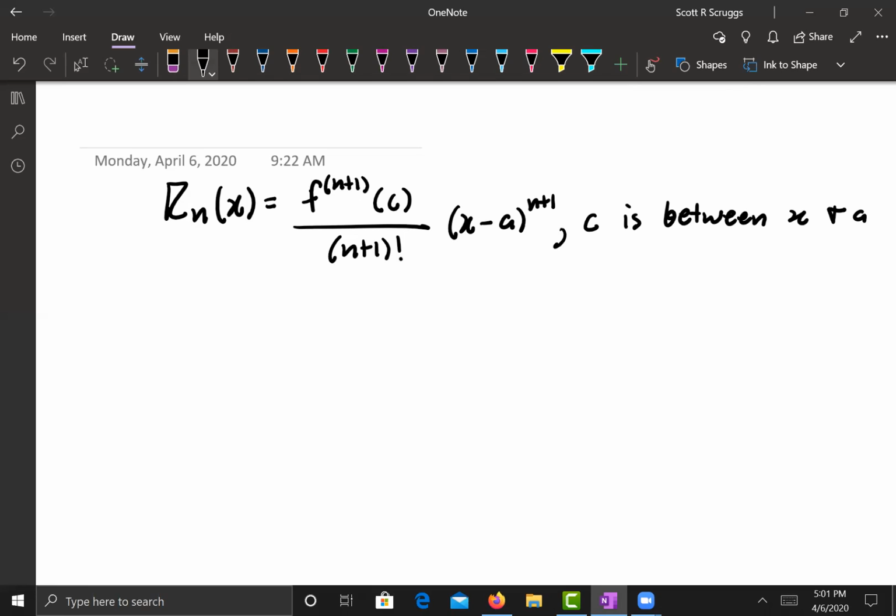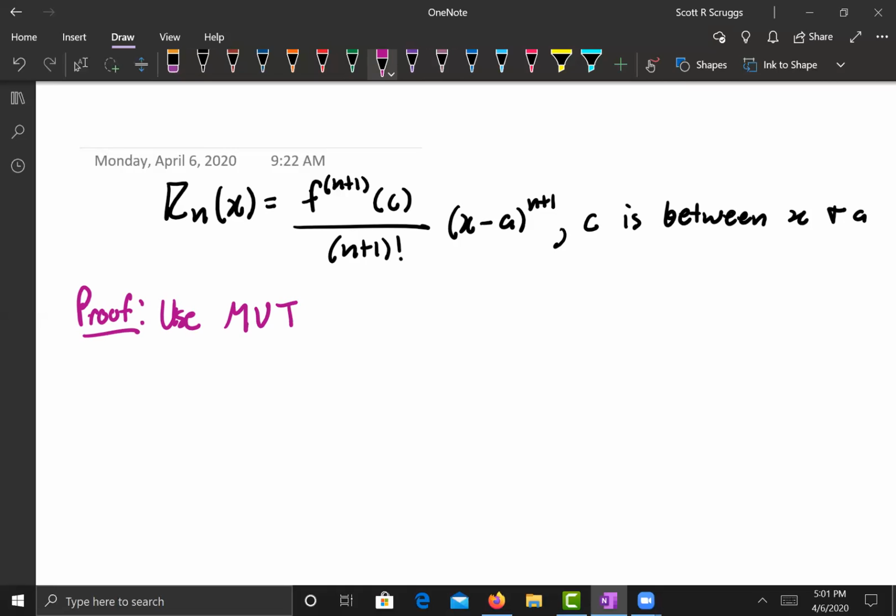Now, the reason why we have c between x and a is because if you want to go through the groundwork and actually prove this, the proof is essentially the mean value theorem, but reworked to work with the (n+1)th derivative.